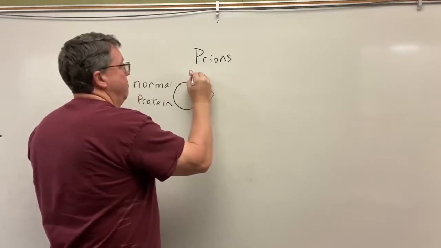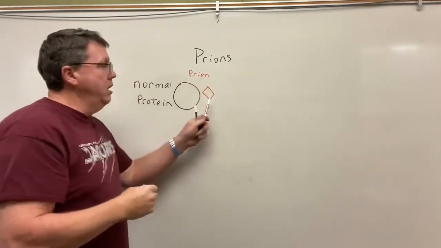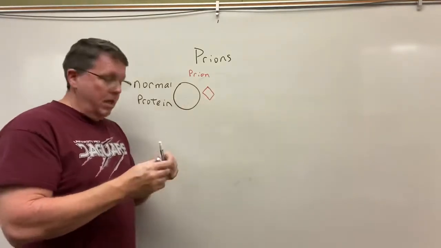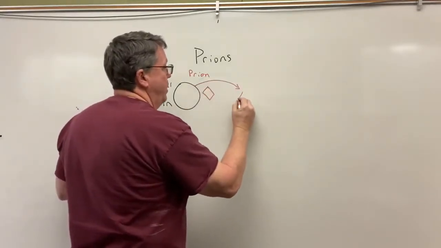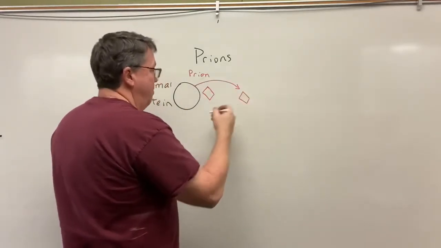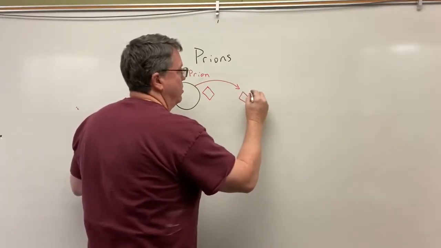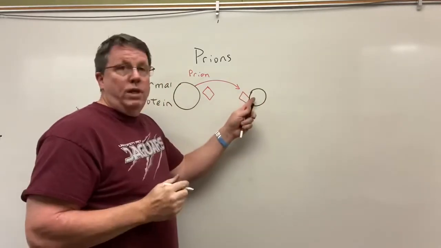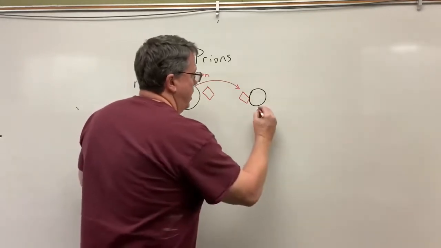And what's going to happen is when the prion comes in contact with my normal shaped protein, this normal shaped protein will then go on to become a prion. Now, if this comes in contact with a normal shaped protein, it's going to change the shape of this protein so it becomes a prion also.